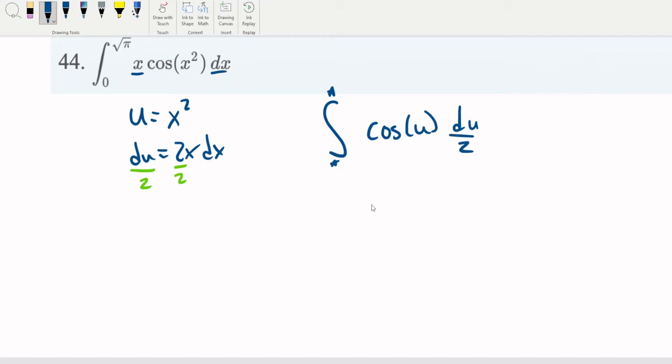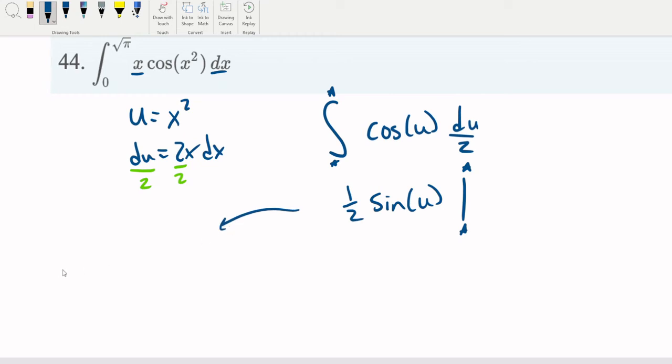So the antiderivative of cosine is sine. We've got our 1/2. Okay, and then remember, we've got these bounds we have to do. Now instead of changing the bounds to u's, I'm just going to change this back to x's. So I'll move that over here.